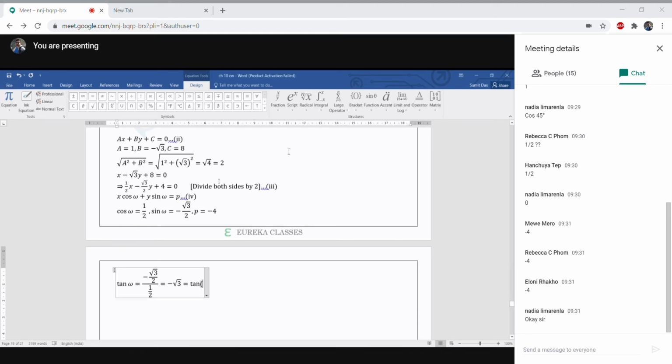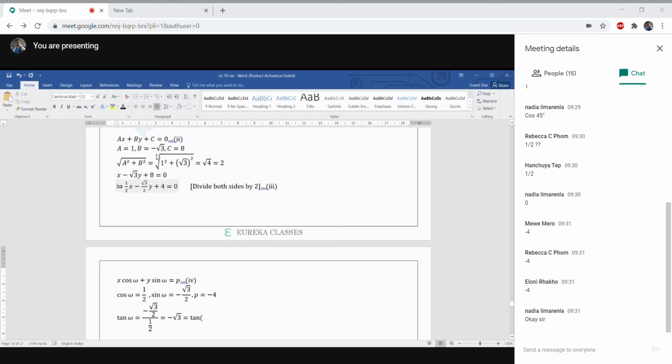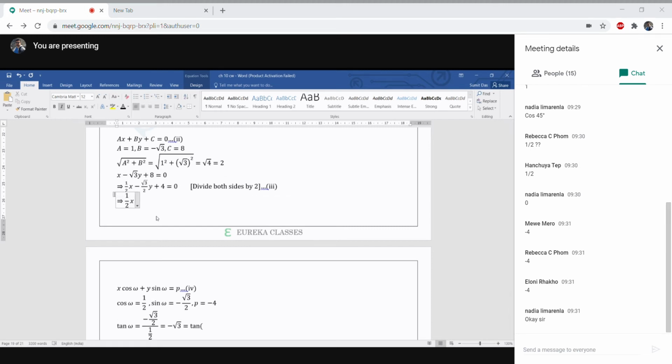Okay, one more thing here. I made one mistake here now. Here we always have to make the p positive. So what we have to do, we have to take it like this: x minus root 3 divided by 2 y equal to -4.